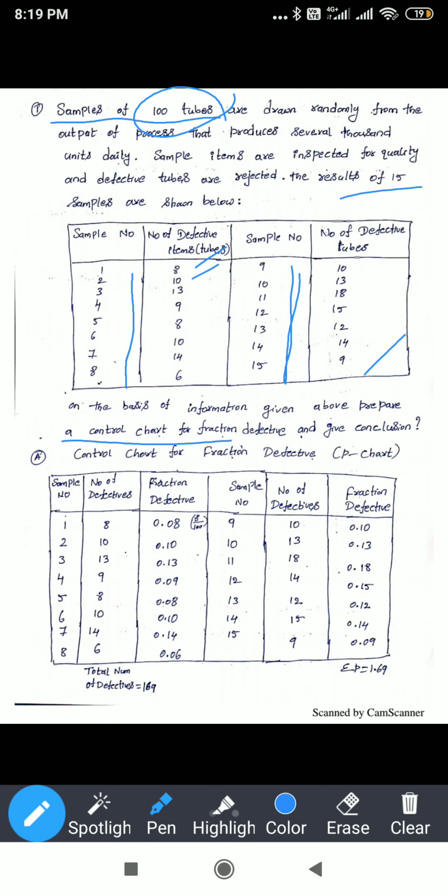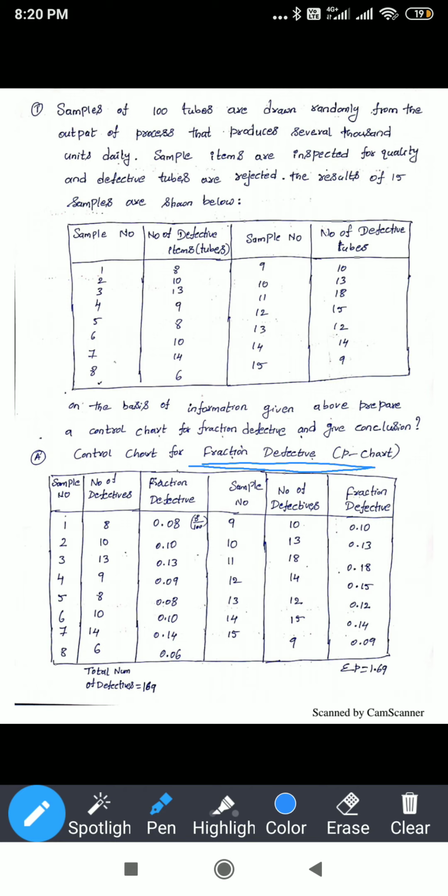Now first calculate the fraction defective of each sample. These are the sample numbers and the number of defectives in each sample. This table column represents the fraction defective: 8 defectives out of 100, so 8 by 100.